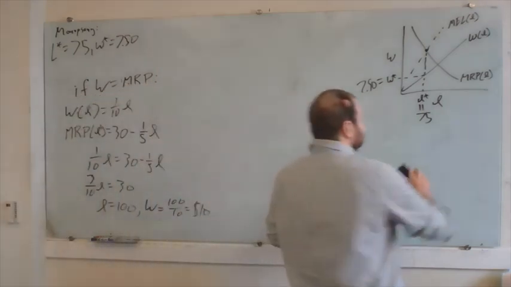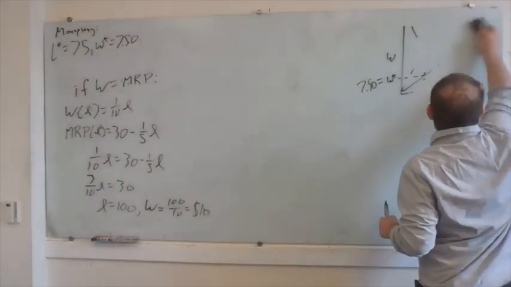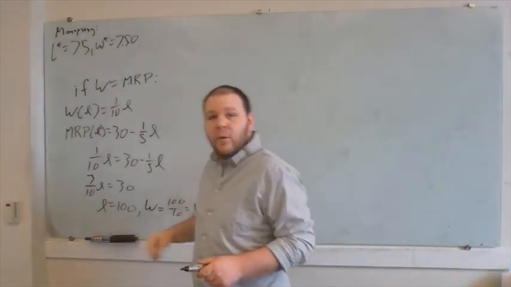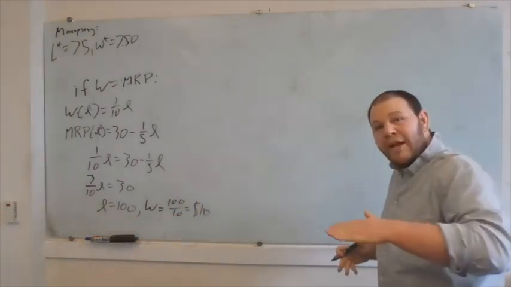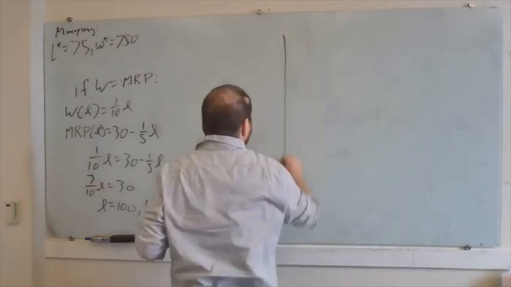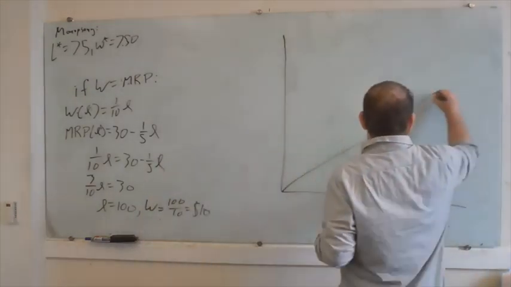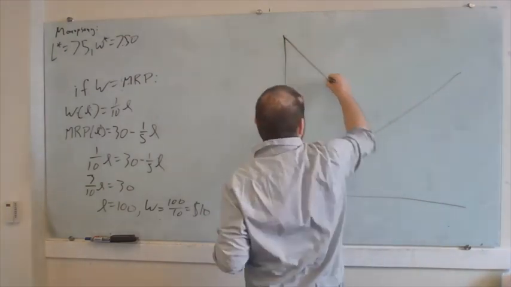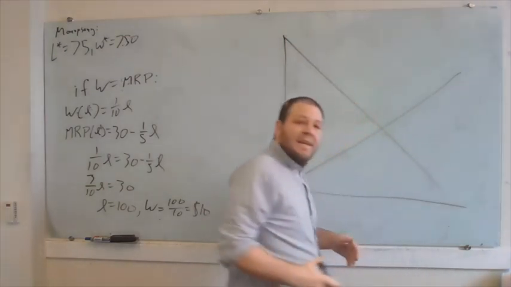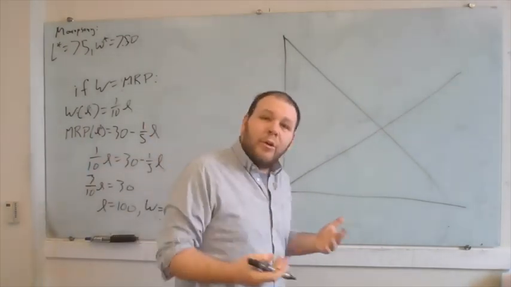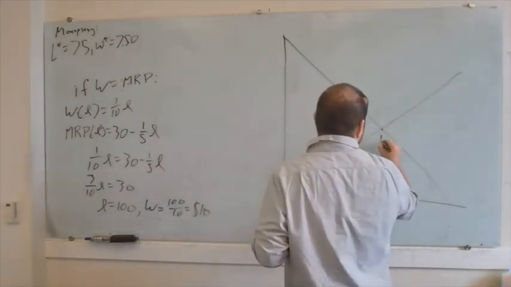In other words, because of the fact that we're in a monopsonistic environment where firms have the power to lower wages, right, to offer artificially low wages in order to increase their profits, we're going to have workers earn a wage of $7.50 instead of earning a wage of $10, right? And we're only going to have 75 workers hired instead of 100 workers hired, right?